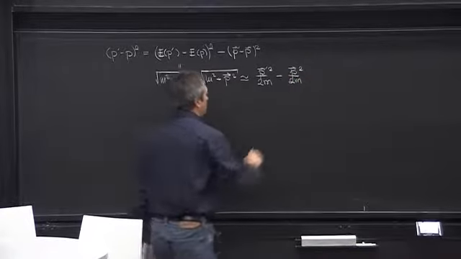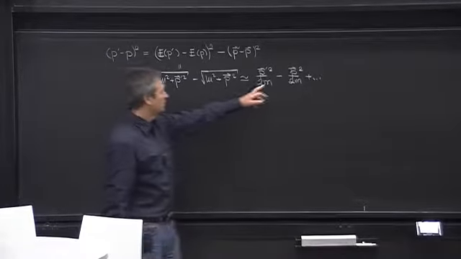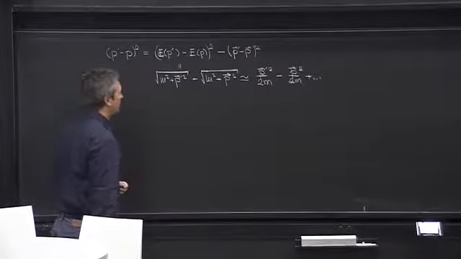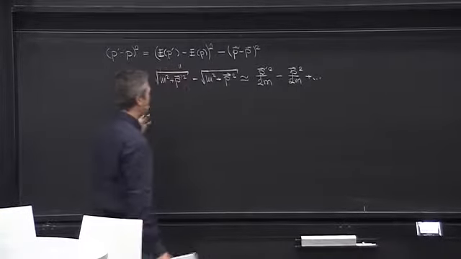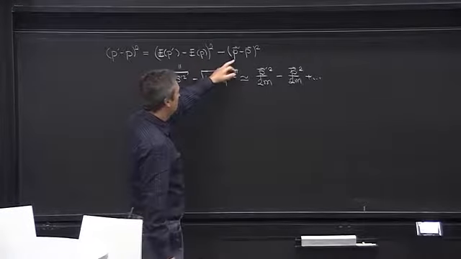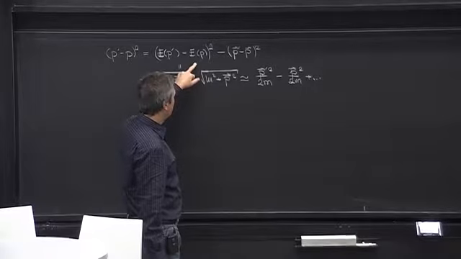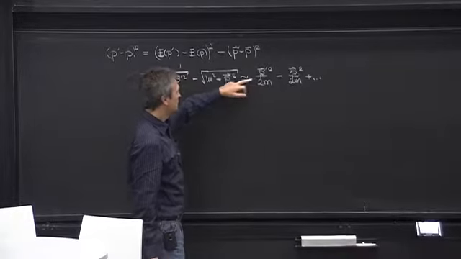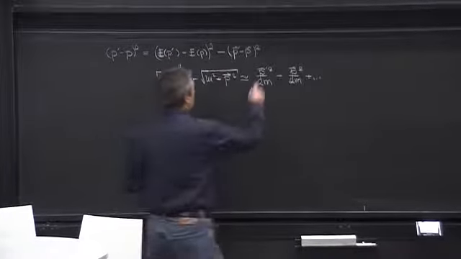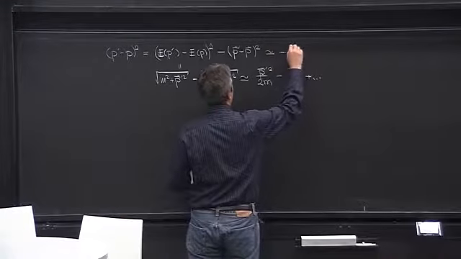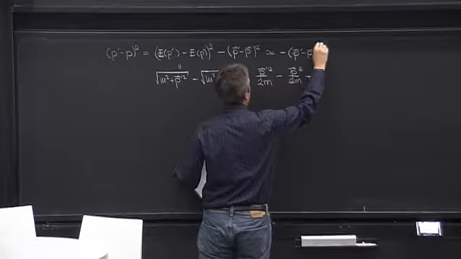So this is approximately the difference between the kinetic energies, and if we compare this term to that term, it will be much smaller because it is suppressed by the ratio of p squared to m squared. This is quartic in momentum, and this is quadratic. So we can just approximate this by (p' − p) spatial squared.